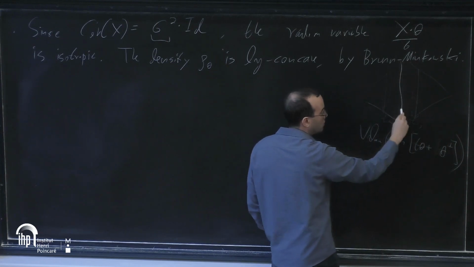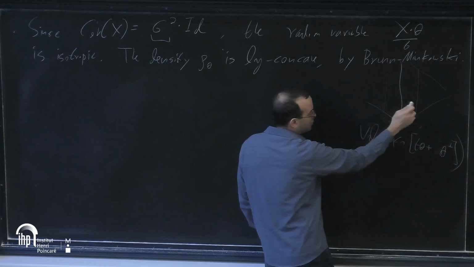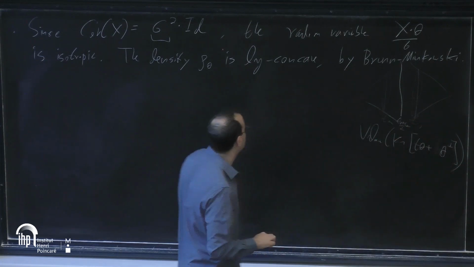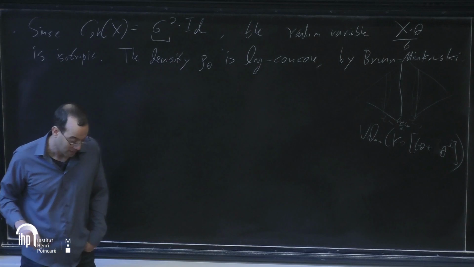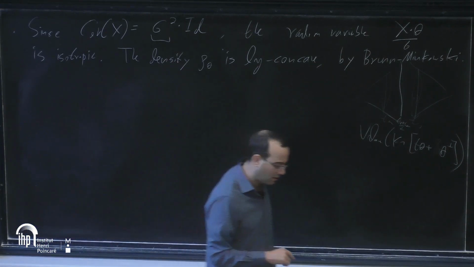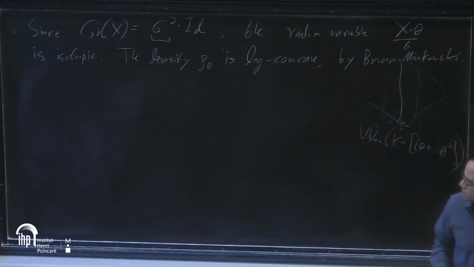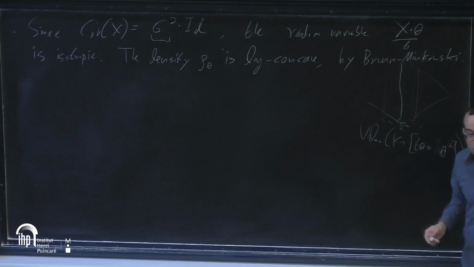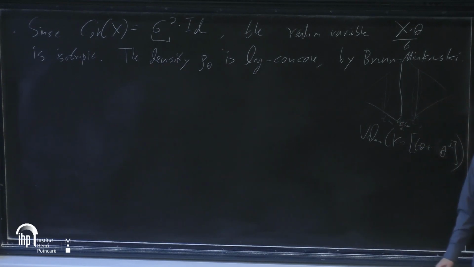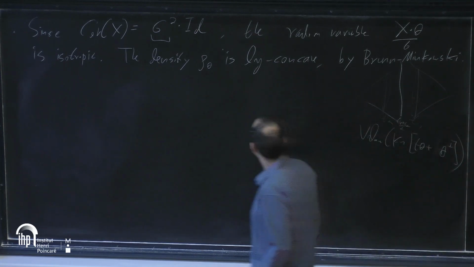So the volume there is larger than the geometric average of these two volumes, so we get that it is log-concave. Actually, I think this is the first time this week that we see the Brunn-Minkowski inequality. We have used Cauchy-Schwarz like 15 times, but Brunn-Minkowski almost never. So maybe we miss something fundamental, because it should be used all the time. Okay, so it's log-concave by the Brunn-Minkowski inequality.